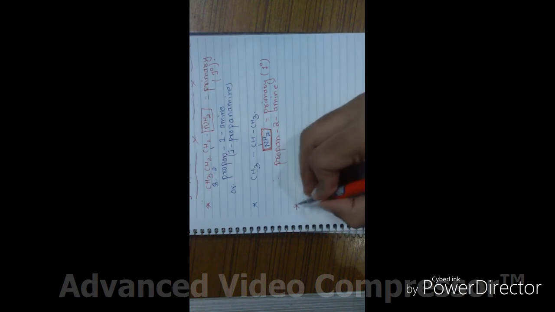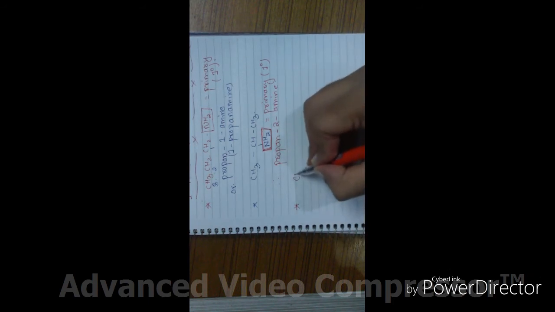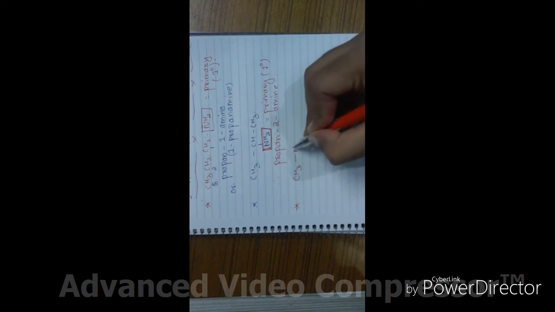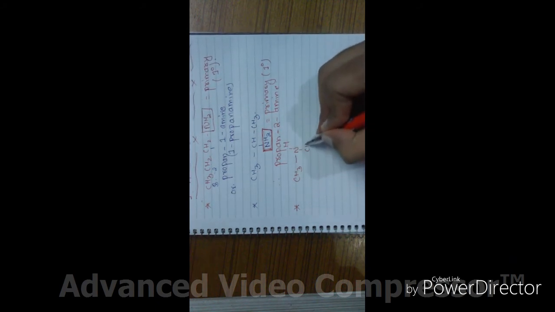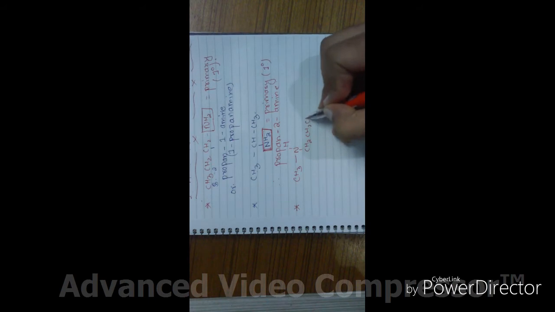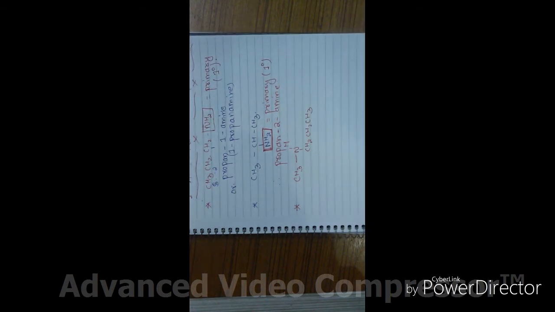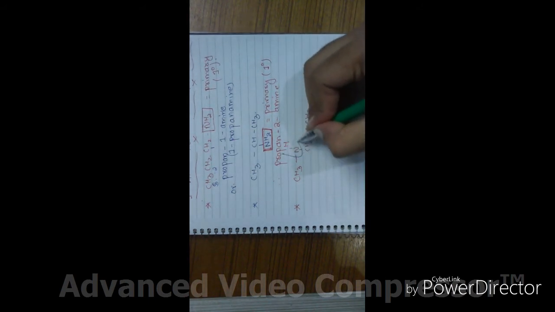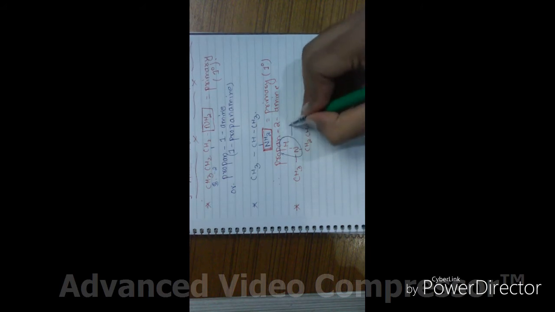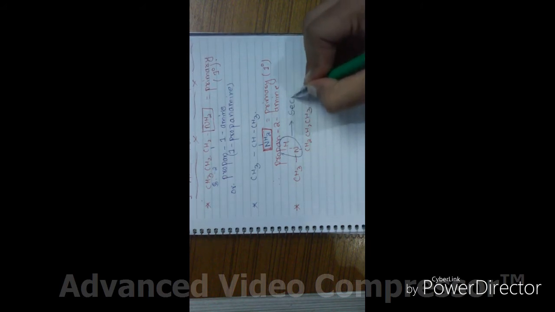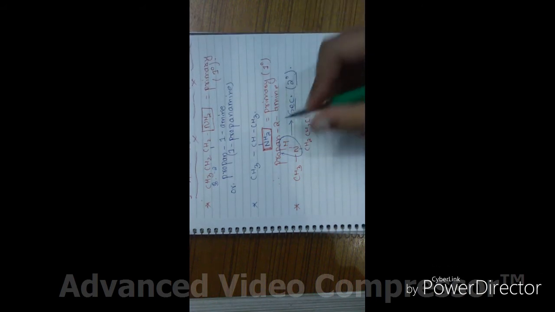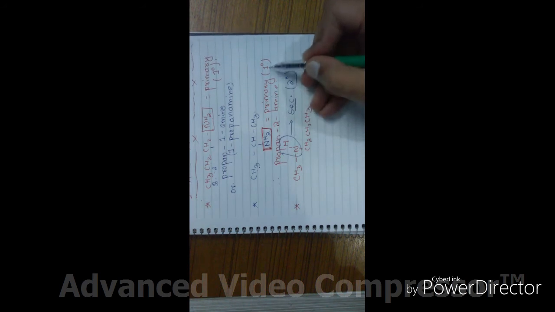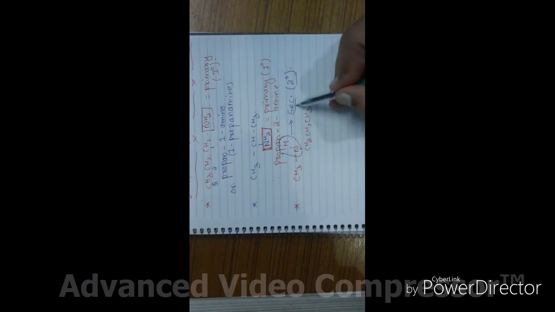So another form: CH3 NH CH2 CH2 CH3. As the NH form is present, it is the secondary form, second degree form. If NH2 is present, it is the primary form. If NH is present, it is the secondary form.